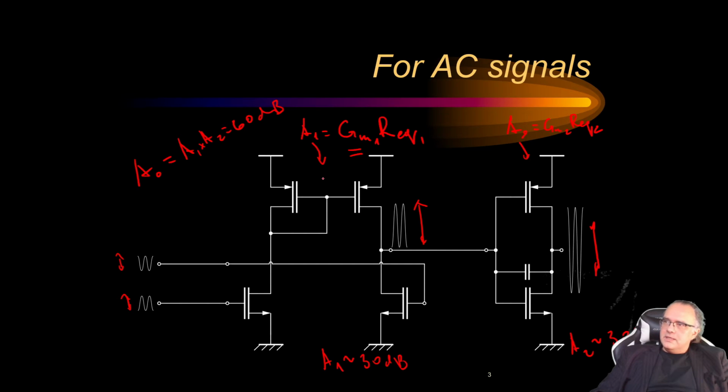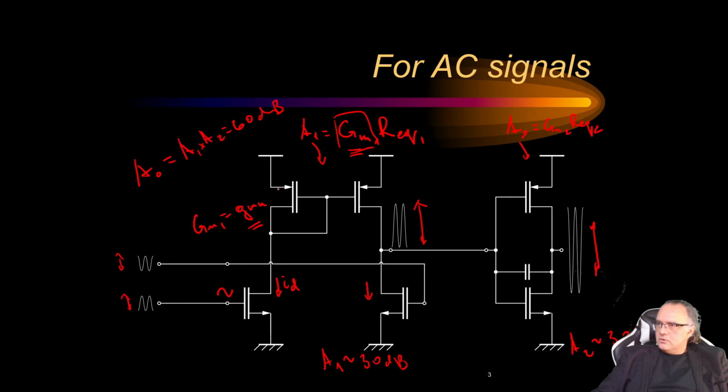Now the GM of the first stage is given by GMN. This part here is responsible for the translation of voltage to current, and the transistors that do these translations are here the input pair transistors, and then the transformation is through GM.